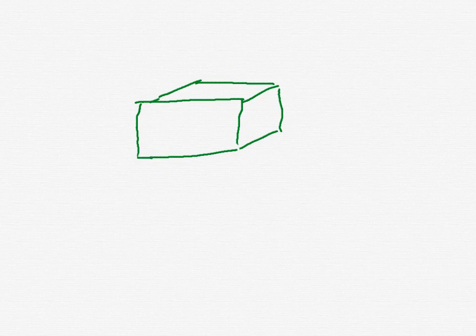You're going to have a side view, so this one, and say we have dimensions. This is your length, this is your width, and this is your height. This is your length, and this is your width.